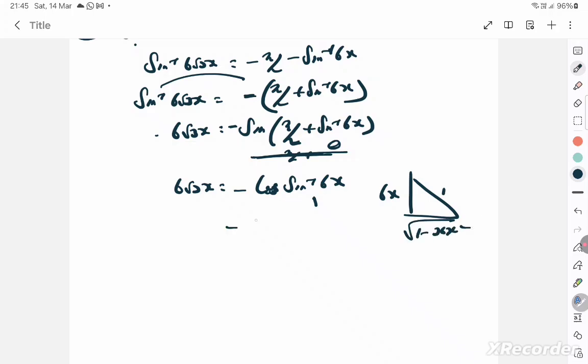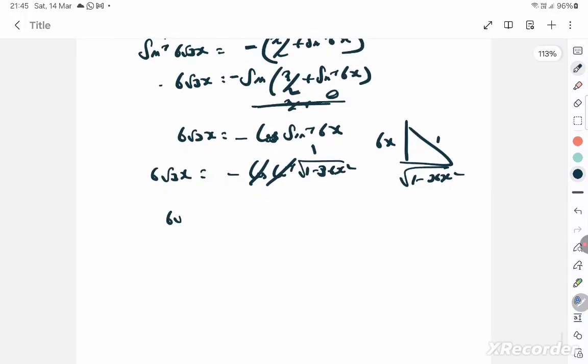So I can write it as minus cos of cos inverse of root of 1 minus 36x square, adjacent by hypotenuse. Cos and cos inverse will get cancelled. What is it that I have on the left hand side? 6 root 3x is equal to 1 minus 36x square with the negative sign which gets squared, so it becomes positive.